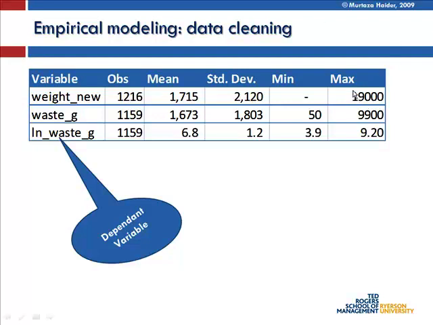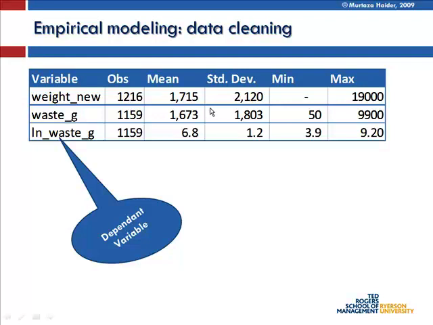But also look at the maximum waste generated, and the maximum value is 19,000 grams, or 19 kilograms. Now it's highly unlikely, when your average waste generated by a household is 1.7 kilograms, that you would have 19 kilograms belonging to the same data set. There may be a situation where the household has unusually high waste generation, and therefore they decided to dump it all in the same day. But that would affect our analysis, because I would qualify this as an outlier.